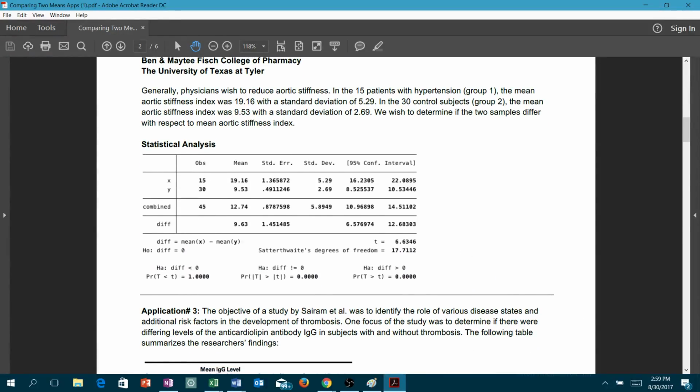This is independent samples. Is that what you think? They had a whole control group and then a whole other group for testing. So that's a parallel? Yeah.